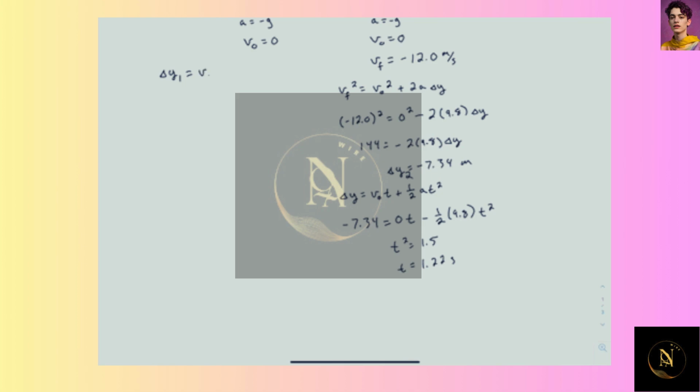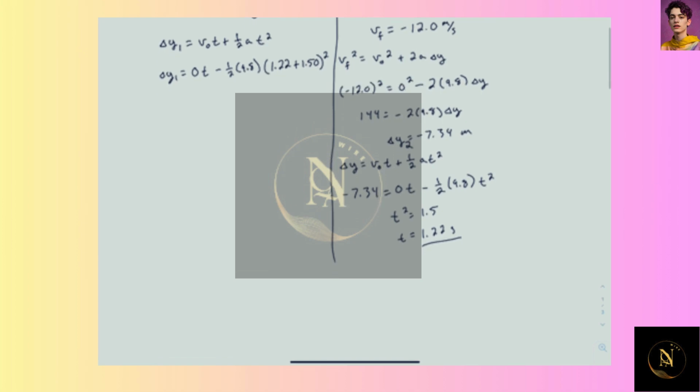Same equation, and we're looking for delta y1. Our v0 is 0. Same, minus 1/2 times 9.8. And our t now is the time we got for stone 2, plus the 1.5 second head start the stone had.